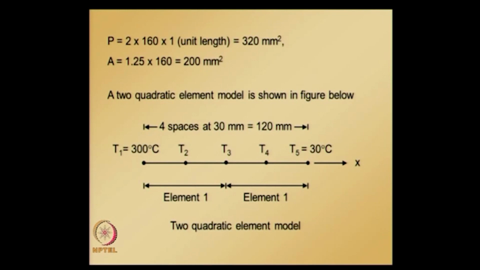So, this is the discretization that is adopted for solving this problem, and if you notice, the boundary conditions at node 1 and node 5, both of these are essential boundary conditions. There are 2 elements, and in each element all the nodes are spaced in the same manner.